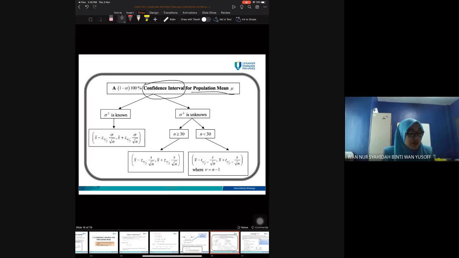Sometimes you will have a clear, direct question: you have to construct a confidence interval for the population mean, population proportion or population variance. Sometimes it will be implicit somewhere what parameter we need to estimate. So for the mu here, we have 3 different formulas that we have to consider, based on the information that we have in that question.